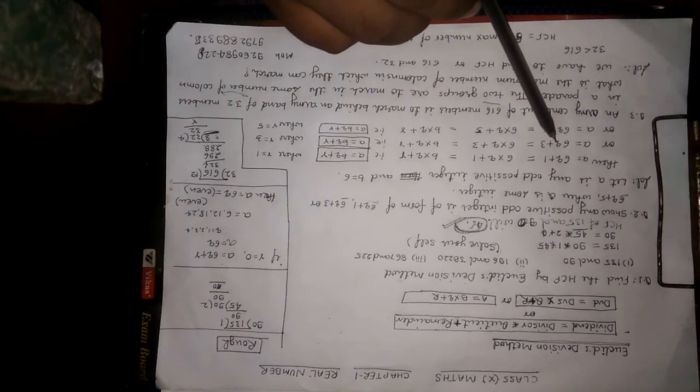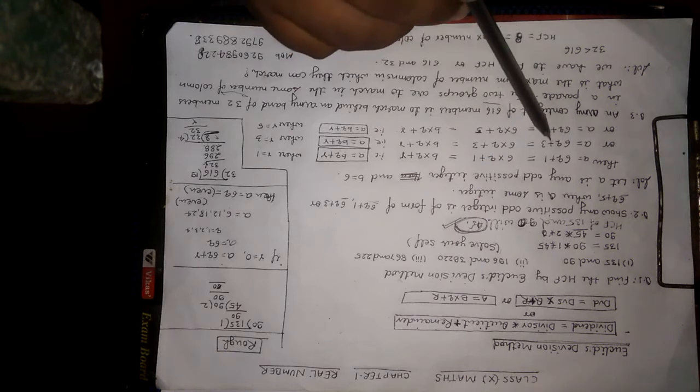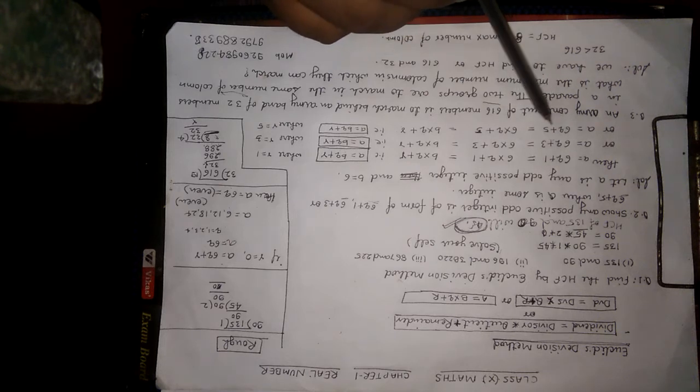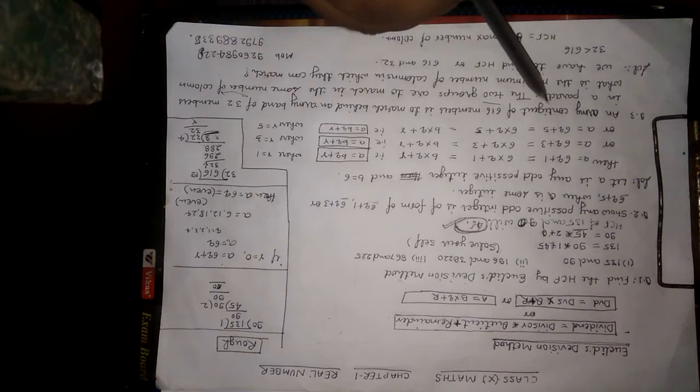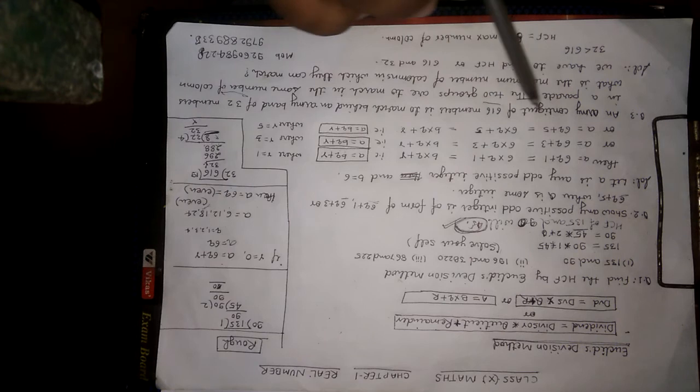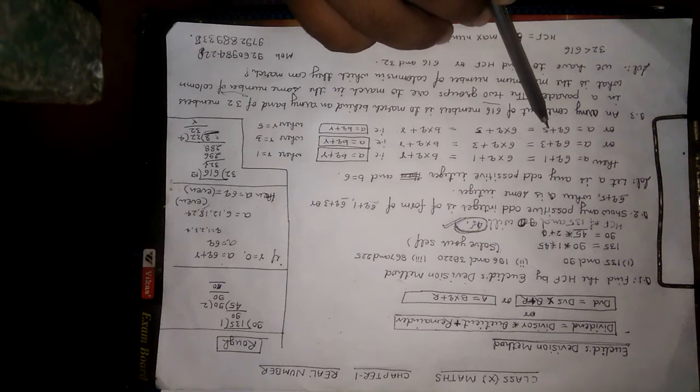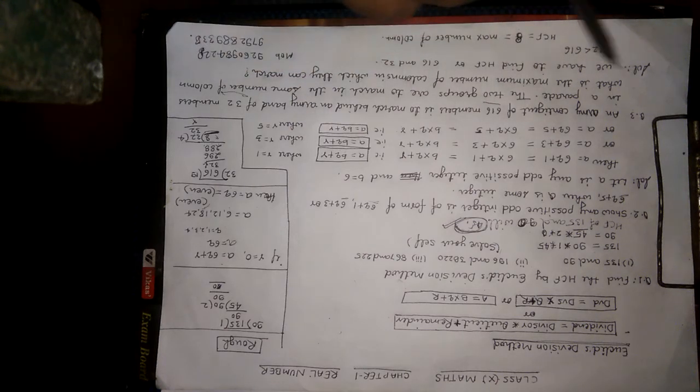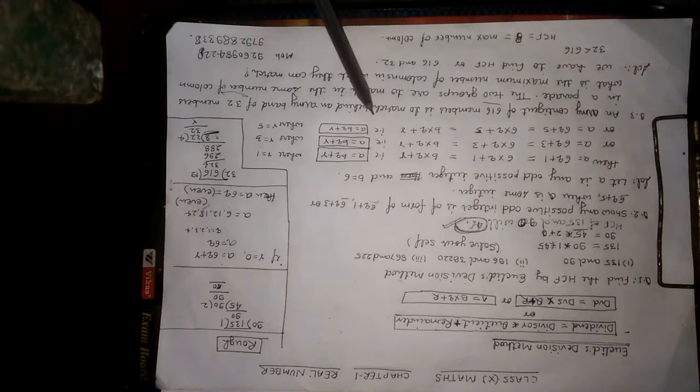So 6q is 12, 12 plus 3 will be 15. Okay, so is this odd or even? This is an odd number. And again 6q plus 5, when q is equal to 3, then 6q is equal to 18, and 18 plus 5 will be 23. It means all these numbers are odd numbers.